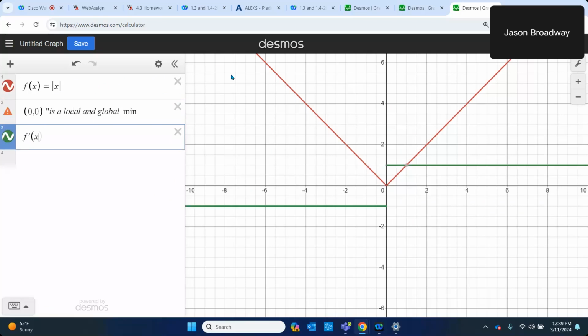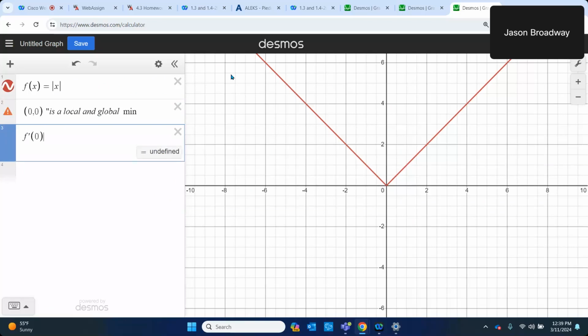But f prime of x, well, there's the graph. But notice f prime of 0 does not exist. But that's fine. That's one of the criteria. If you go back and look at the criteria for a critical point, you know that it works. So x equals 0 is a critical point.